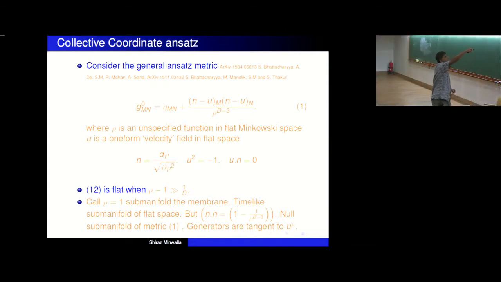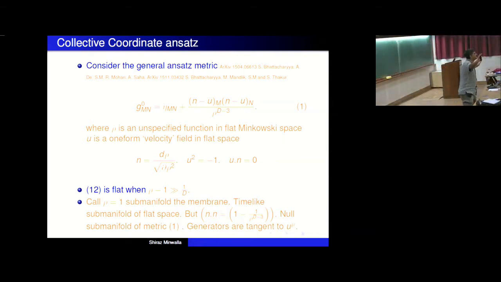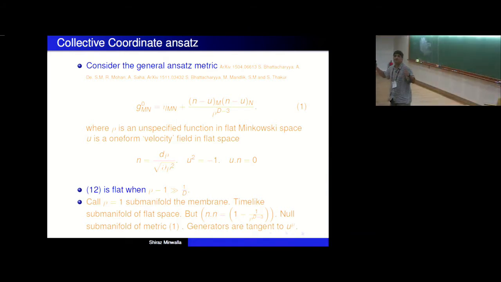N is the normal to rho, it's d rho, del mu of rho, normalized, where the normalization happens in flat space. And U is any one-form field in flat space, with U squared equal to -1 in flat space. So once again we're using the strategy of building a metric using quantities that have natural geometrical definition in flat space, in Minkowski space.